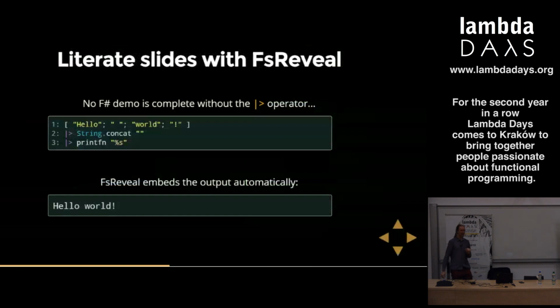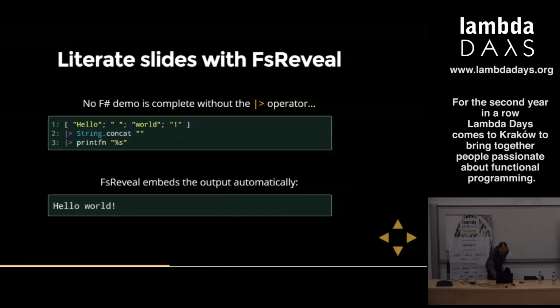So let's see what we have here. The slides, as I said, that I'm using here, are actually written in FSharp. There's a couple of nice things you get from the FSReveal tool. Obviously you can embed FSharp snippets. You can actually embed snippets in other languages and it will colorize them. The nice thing here is that with FSharp you also get tooltips.